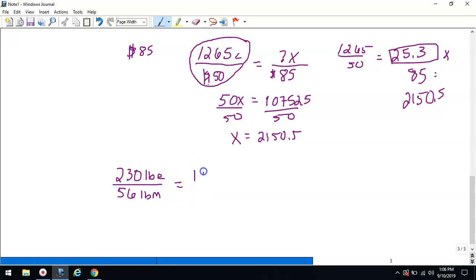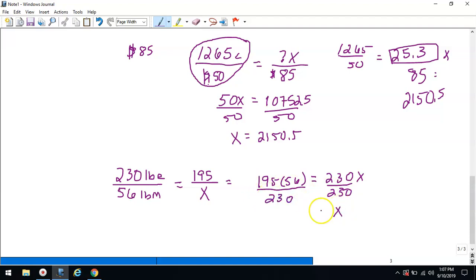So Earth goes on the numerator. So 195 pounds on Earth over how much would you weigh on Mars? Cool. So 195 times 56 is equal to 230 times x. To get x by itself, you divide both sides by 230.